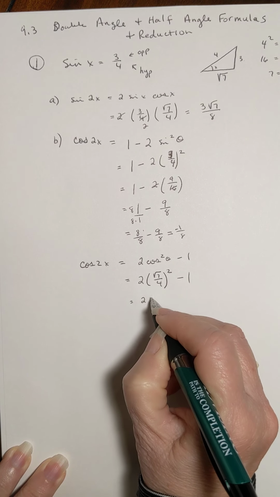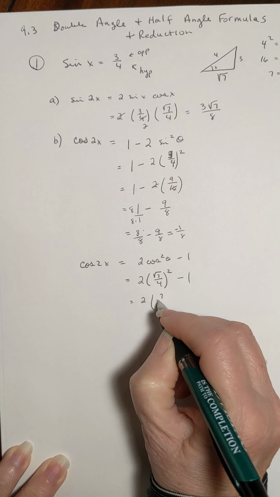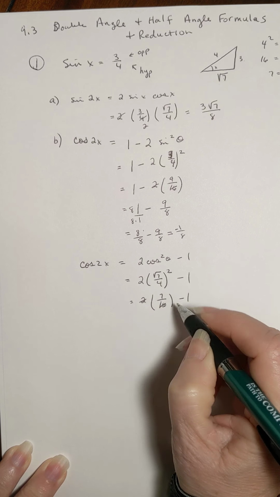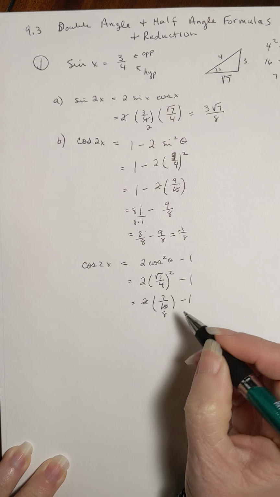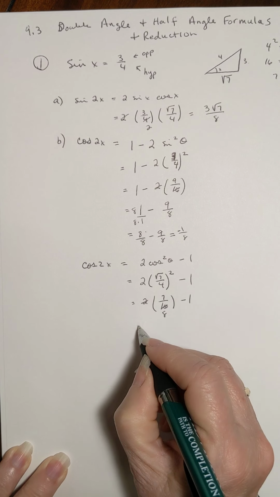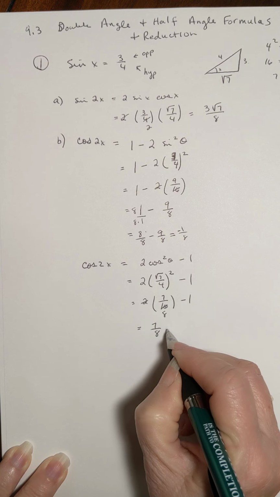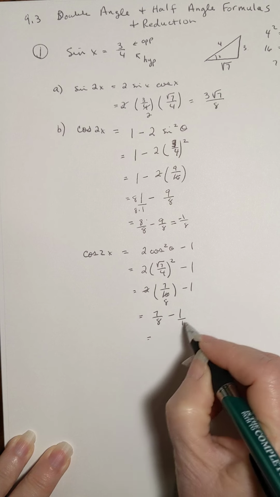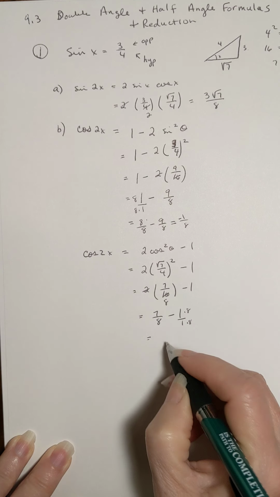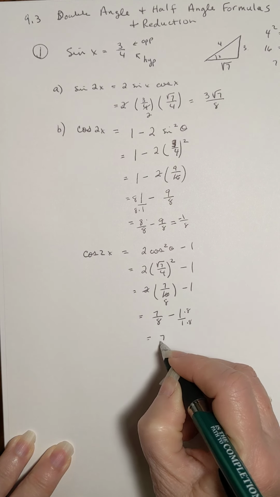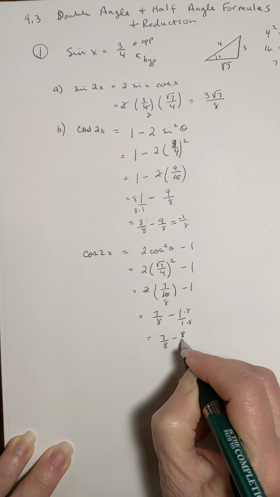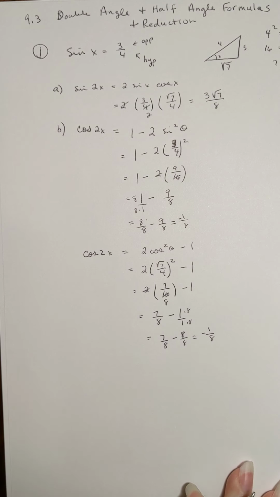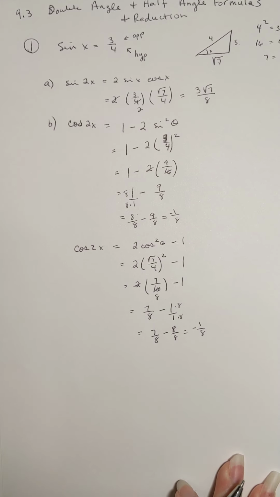That will be 2 times, and the square root of 7 squared is just 7, over 16, minus 1, and this would give me 8 if I cancel the 2 and the 16. So I get 7/8 minus 1, which would be 8/8. I'll multiply numerator and denominator by 8. So 7/8 minus 8/8 again gives me negative 1/8. So you can see you're going to get the same answer no matter which formula you use here.